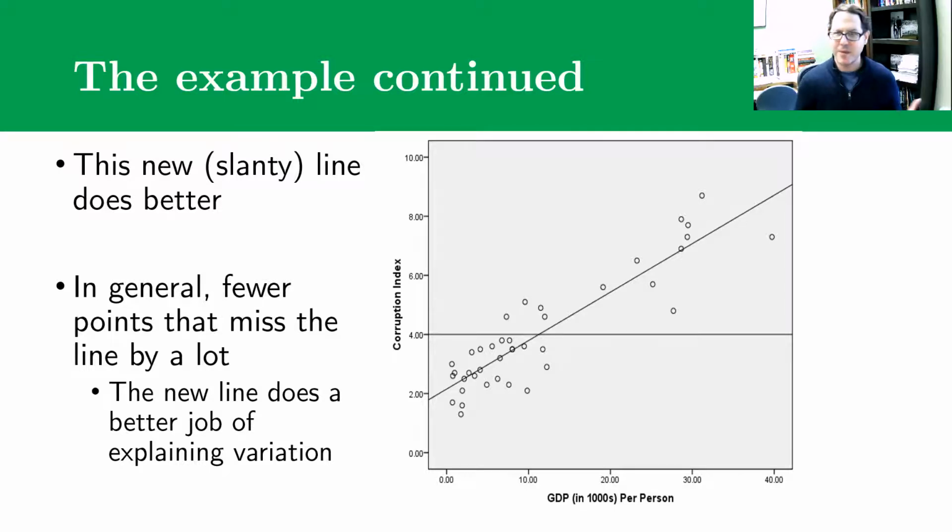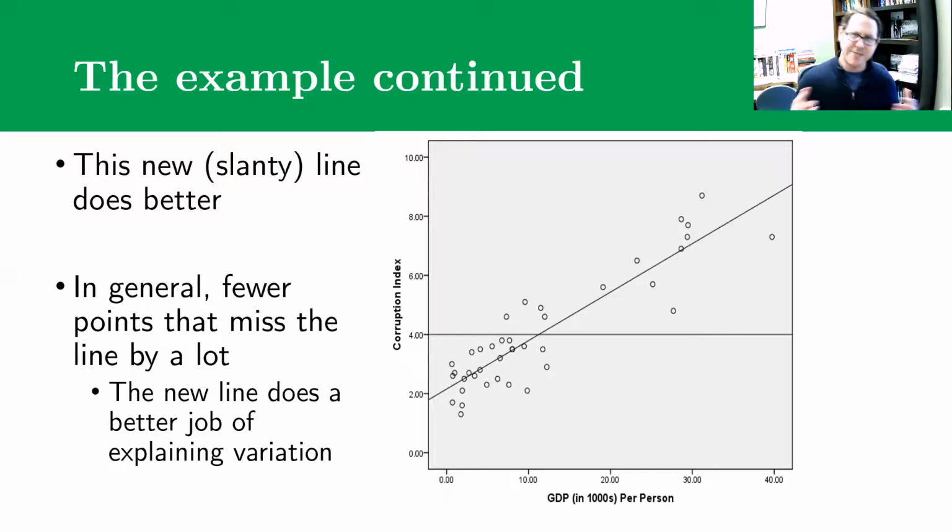And so the idea with this slanty line is that if you tell me to make a prediction about a country's corruption perception level, I will counter by saying, all right, can you tell me something about their GDP? And if you say, well, they have a low GDP per capita, like 5,000, I would say, oh, well, I bet it's under 4, maybe 3.